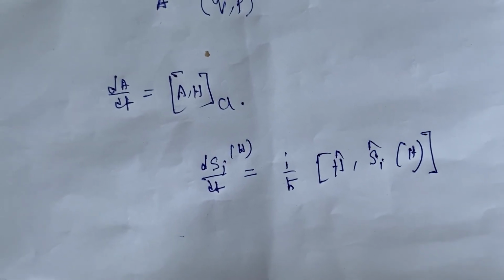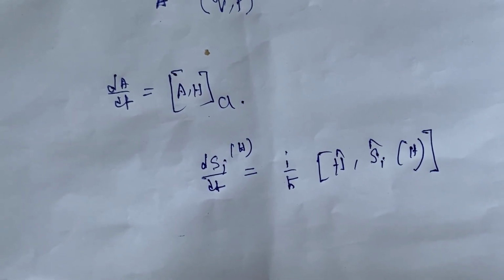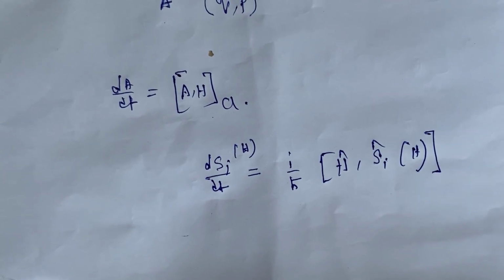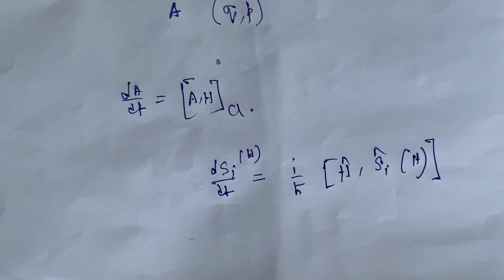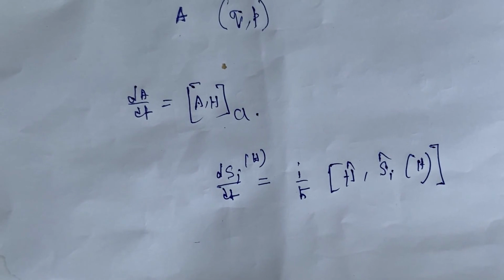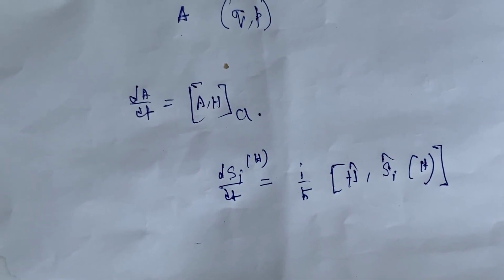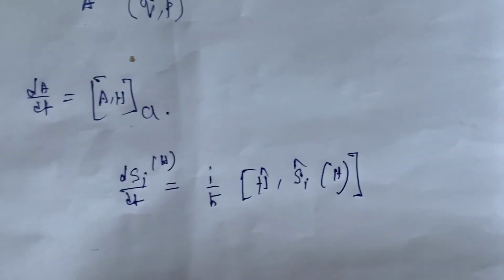Okay, so we may argue that for various quantities which have their classical counterparts, the correct classical equation can be obtained from their quantum mechanical equation. How?